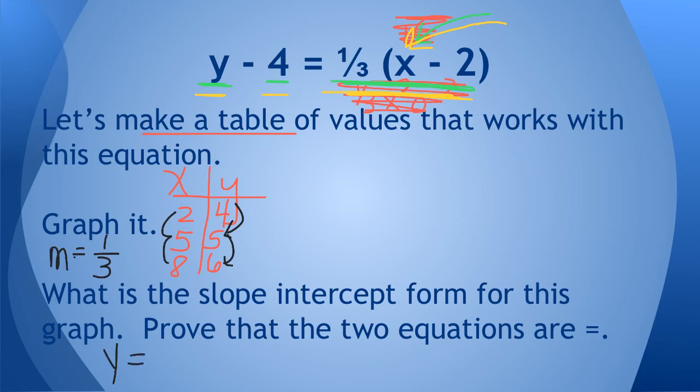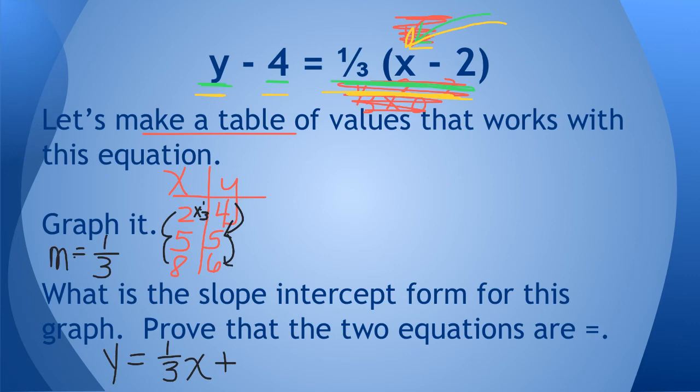So my equation starts y equals 1/3 x, and then we have to see if we have to alter things at all. If I take 2 times 1/3, I don't think I'm going to get 4.